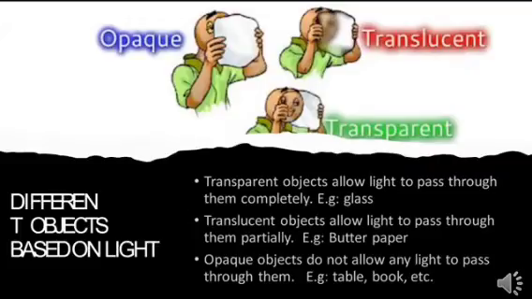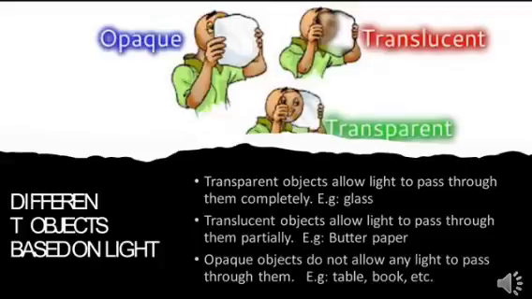Now when light falls on certain objects, some objects allow light to pass through them completely. Are you following? So such objects are called transparent objects. Then there are a few objects which will allow light to pass through them partially. It will not allow the complete light to pass through it.